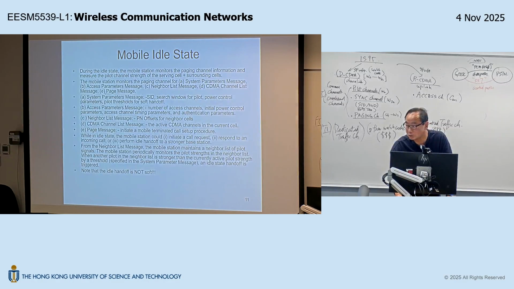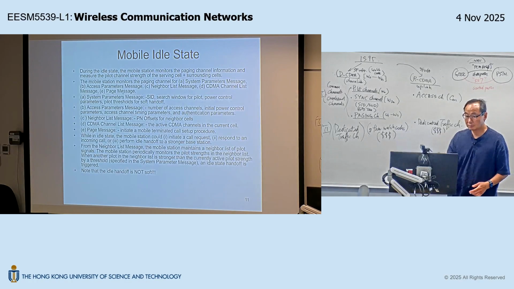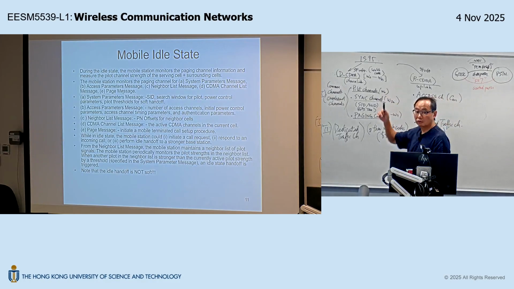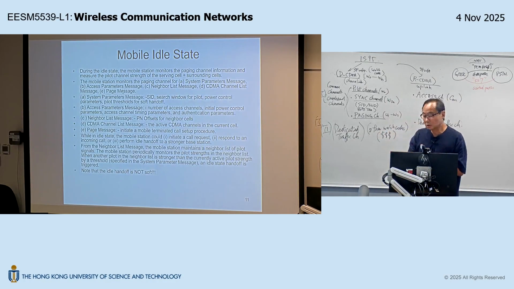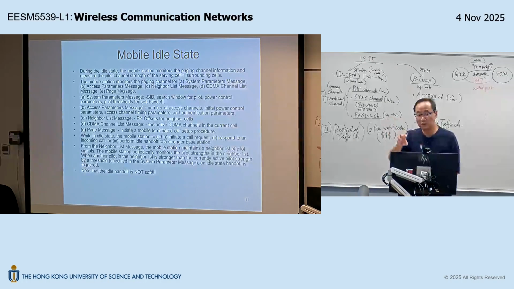The page message is dedicated to a particular mobile. The page message will contain incoming call requests. So if somebody calls your number, then the network will, through the paging channel of a particular base station, send a page message. This page message will contain your ID, your SIM card ID.